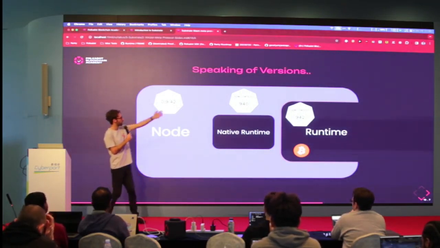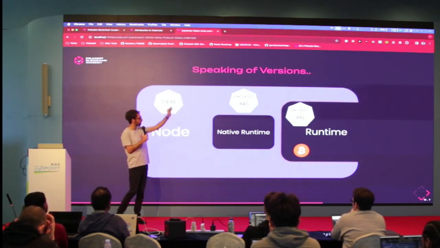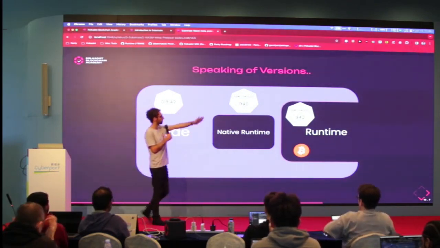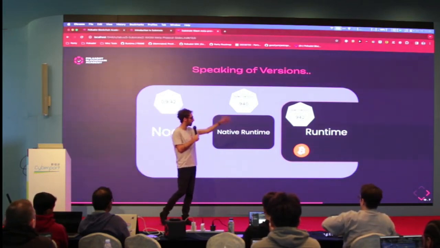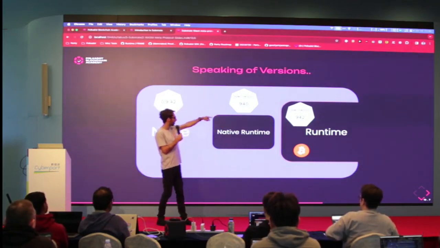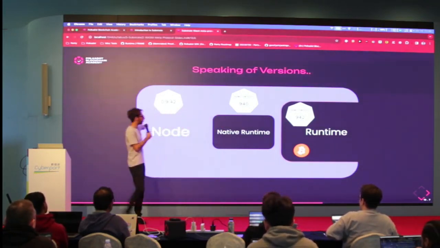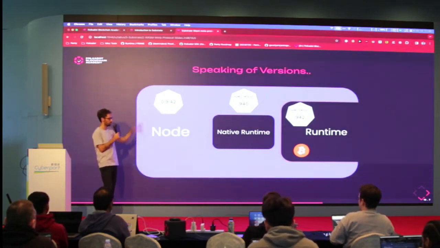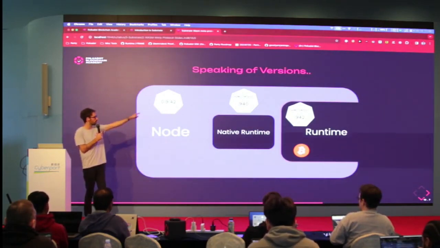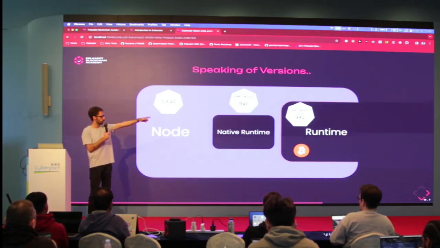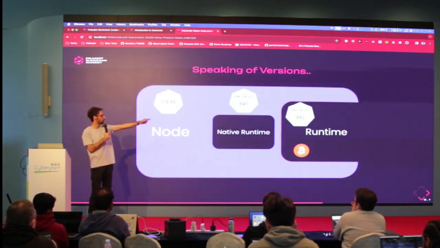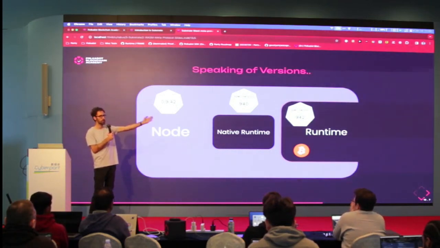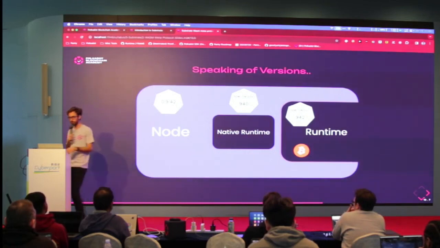But the node has a native runtime, at least these days, and that native runtime has a spec version, which you do care about. And there's the WebAssembly runtime as well, the canonical runtime, and that one has a version as well. These two are spec versions, which is just a number; the node's version is a normal semver thing. Also, in this example, you can see I put different numbers for the native runtime and the real runtime, which means in this case the native runtime is useless, because it's already out of date.